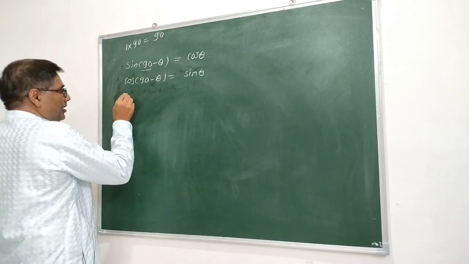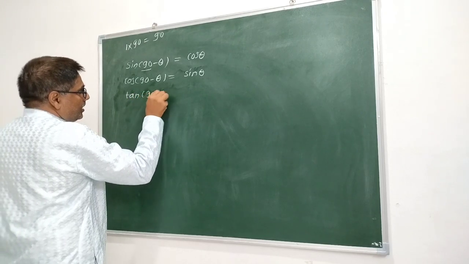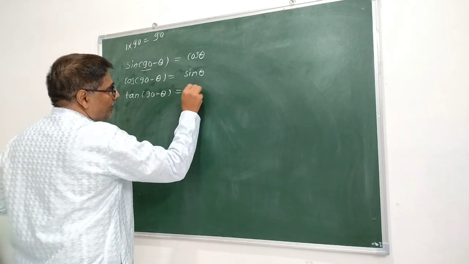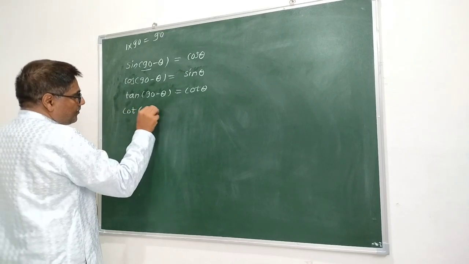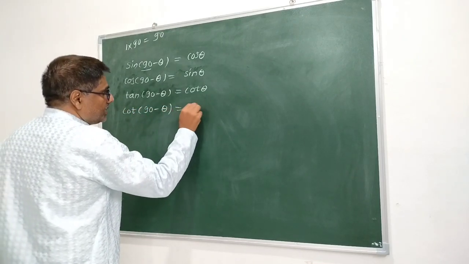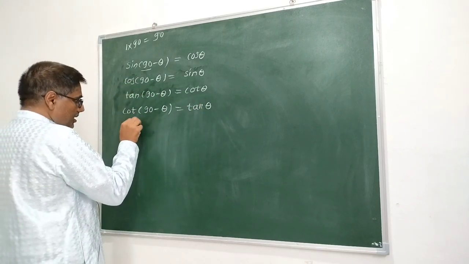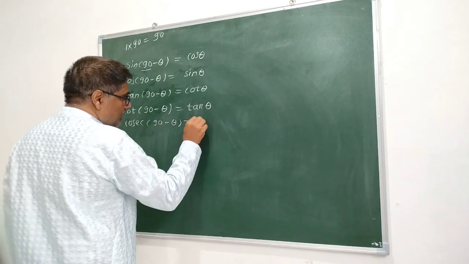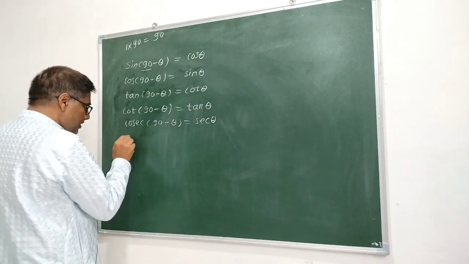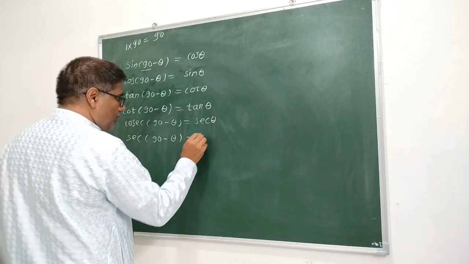Then tan 90 minus theta, it is cot theta, and cot 90 minus theta, it is tan theta. Then cosec 90 minus theta is sec theta, and sec 90 minus theta is cosec theta.